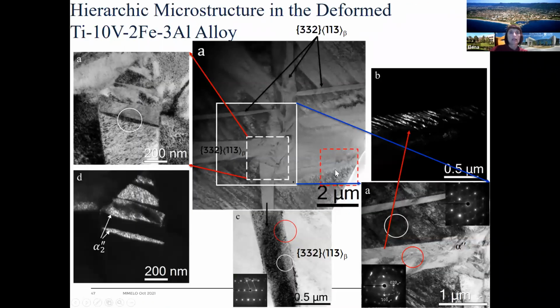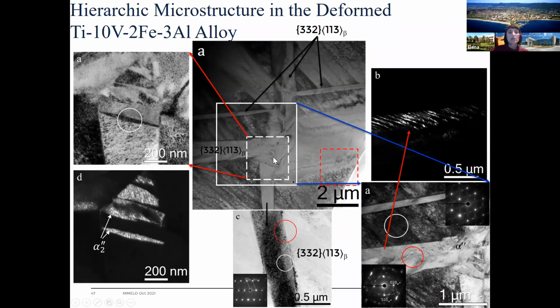And this is in our Ti-10-3 aluminum alloy. Again, here we have a network of 332-113 twins. We could see increased magnification showing clearly that they are 332-113 twins.